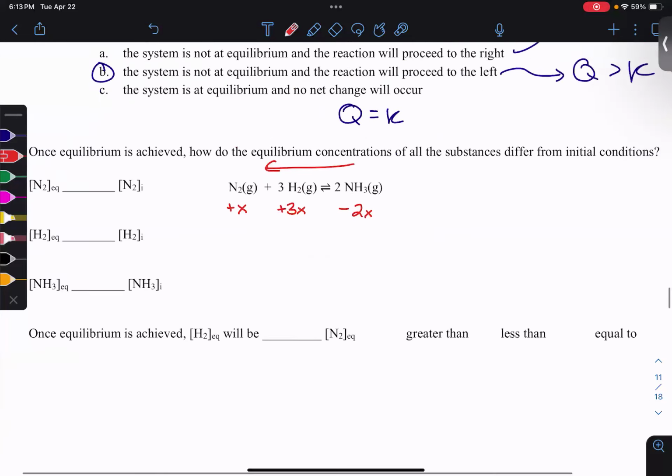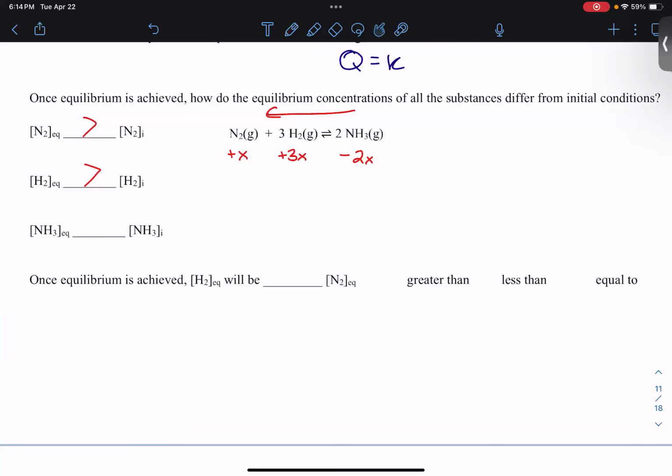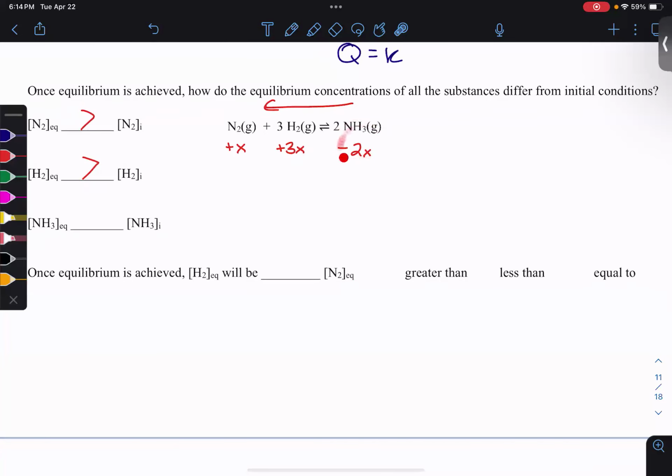So once equilibrium is achieved, how do the equilibrium concentrations differ from initial conditions? How does the nitrogen concentration change? It's now higher than it was initially. What about hydrogen? Higher, because it went opposite, right? The change line, we lost ammonia, we gained reactants. And then the ammonia concentration is less, because it's minus 2x.